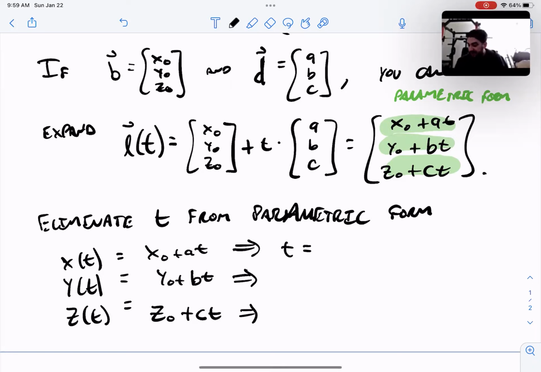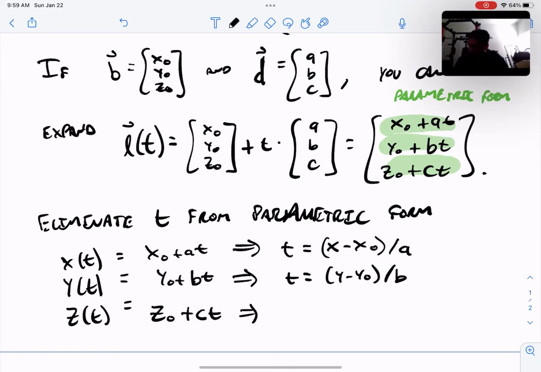So here, if I just do the regular algebraic thing and solve this for t, I get x minus x naught divided by a. That would be t. And then in the second one, I'd have y minus y naught divided by b. In this third one, I'd have z minus z naught divided by c, right? Okay, well, if all three of those quantities are equal to t, then they're all equal to each other.